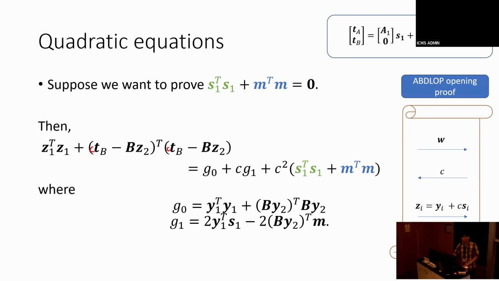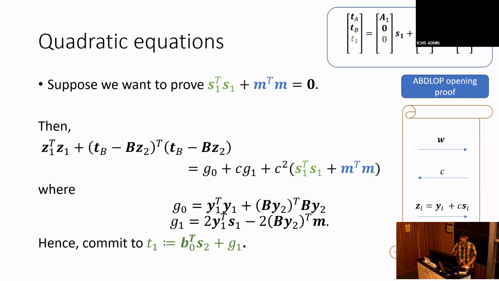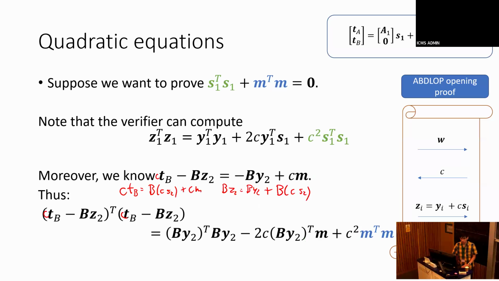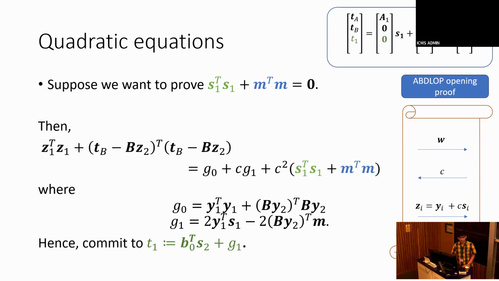So I can prove arbitrary quadratics. You just take this blinded version that falls out of the opening proof, compute the entire quadratic equation, and some insane number of cross terms fall out and you commit to all of those. Basically, yes. It's going to be much uglier than this.